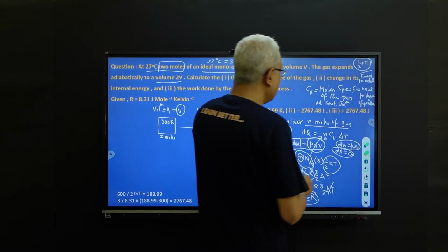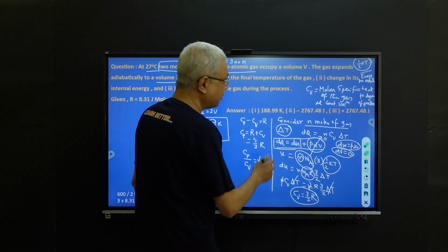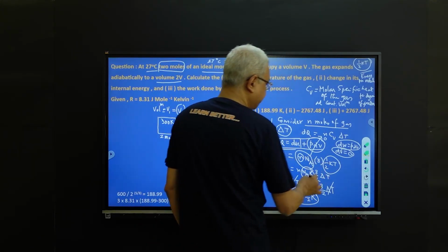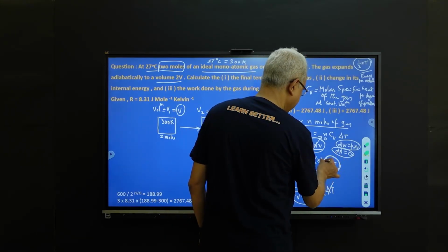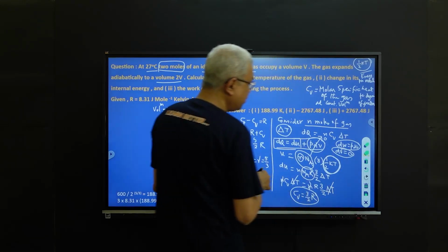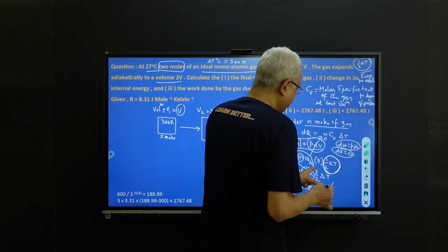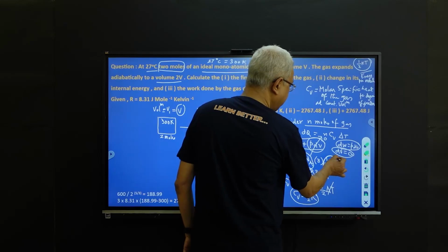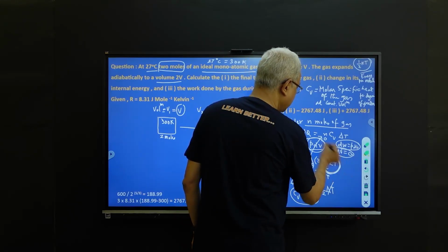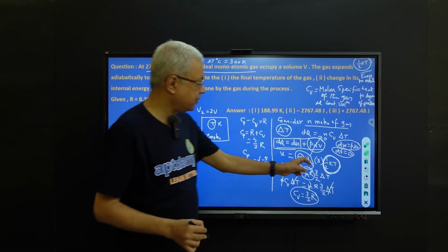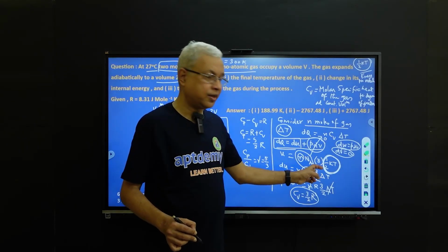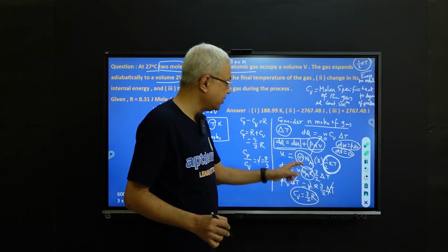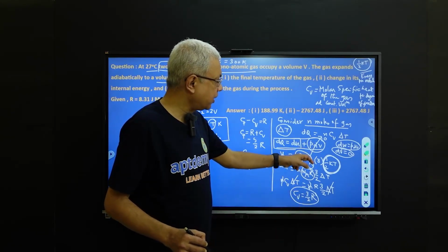Now U, the internal energy of the gas, can be expressed using half kT, the energy per molecule per degree of freedom, multiplied by 3, the degrees of freedom of a monoatomic gas, multiplied by n into Na, the number of molecules in n moles of the gas.